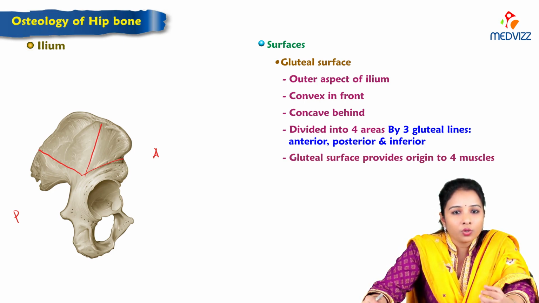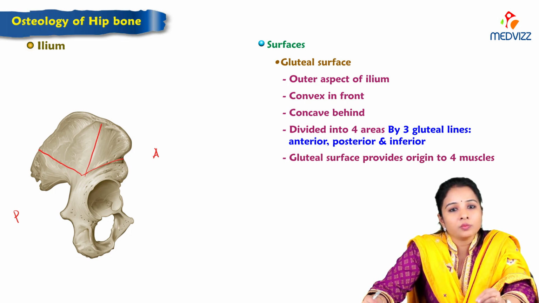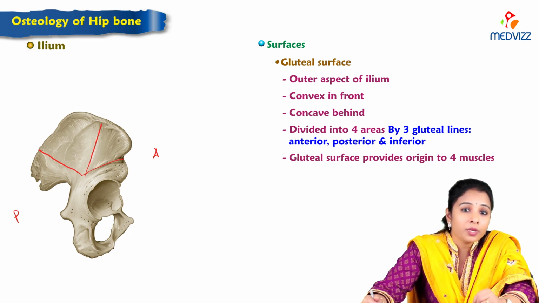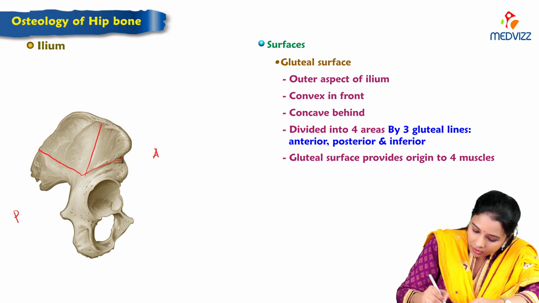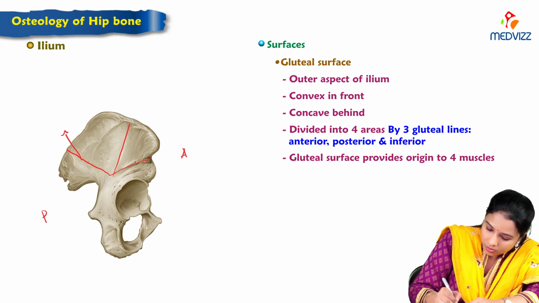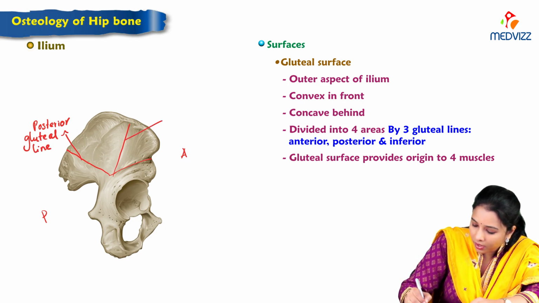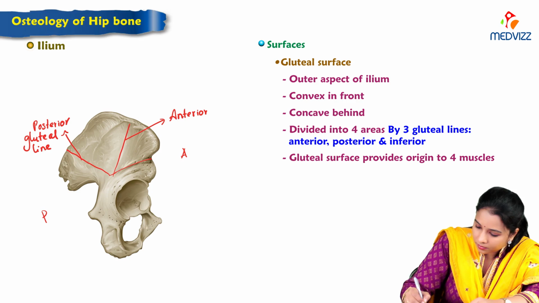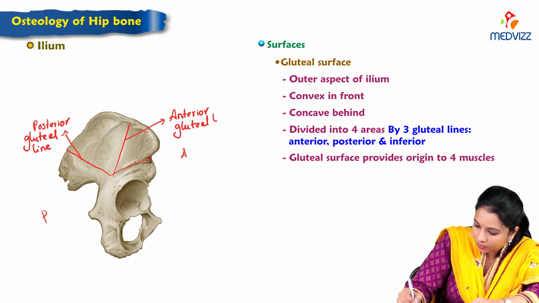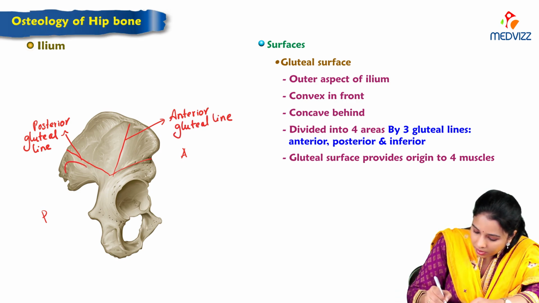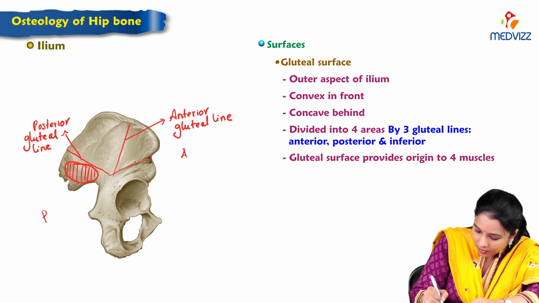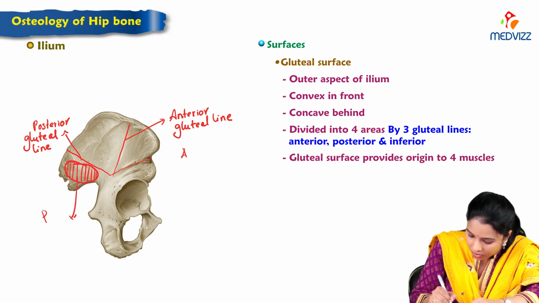First, the gluteus maximus gets origin behind the posterior gluteal line. This is the anterior gluteal line. Gluteus maximus gets origin from this area, behind the posterior gluteal line.